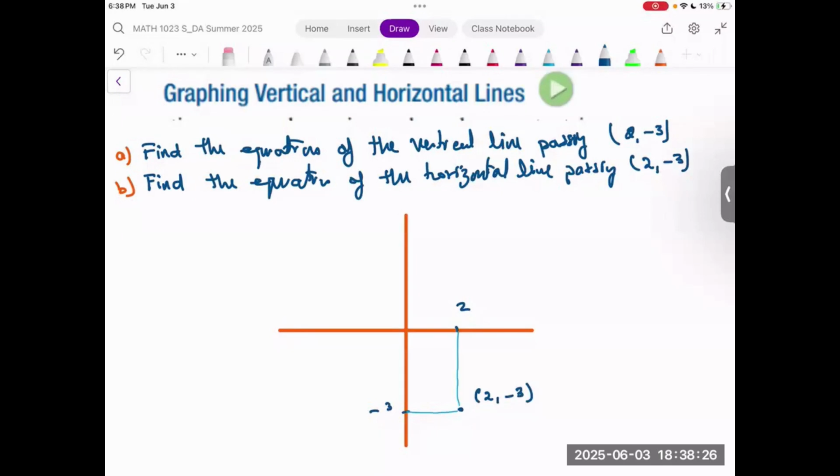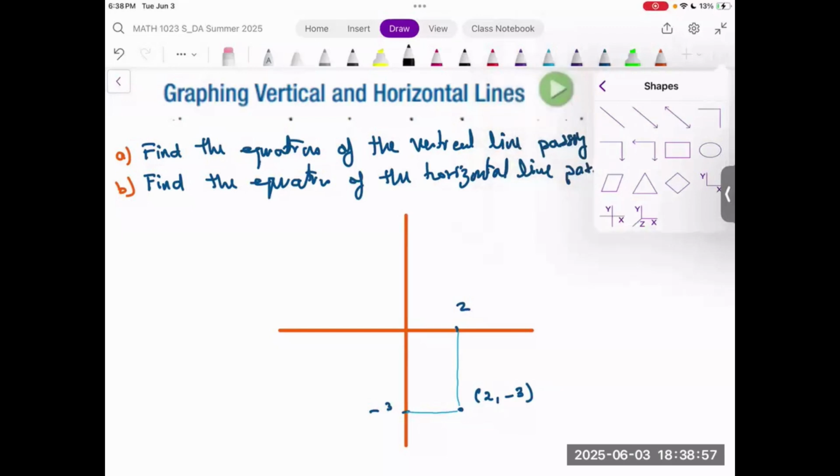Are we okay with this? Is it 2, -3? Seems like it, right? Everybody agree about 2, -3? All right. Now, if I want to do the vertical line going through the point 2, -3, I'm going to just graph it.